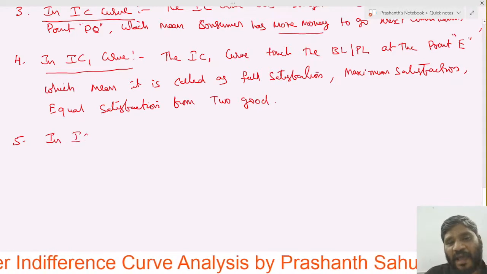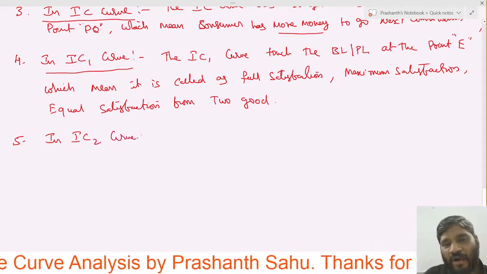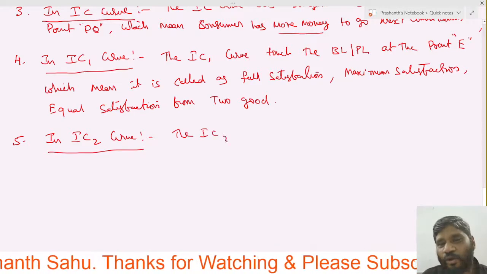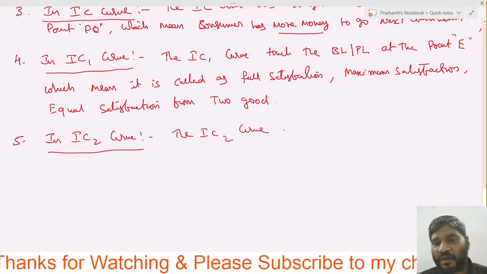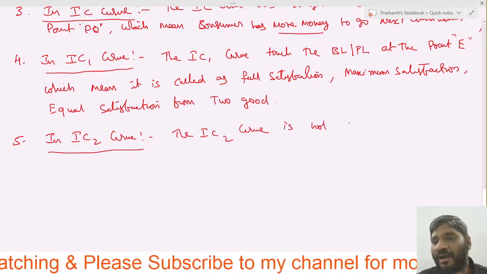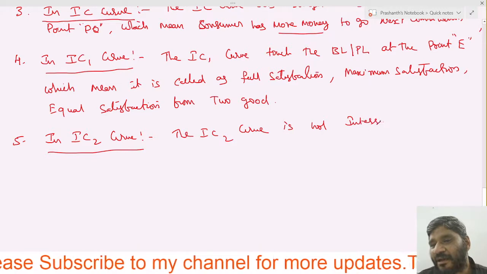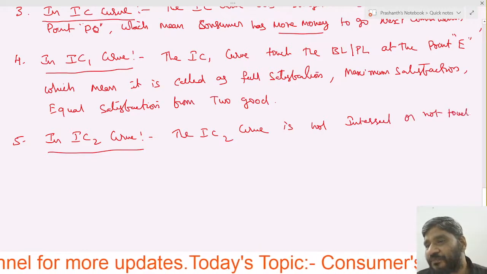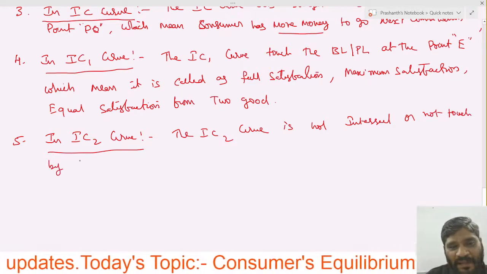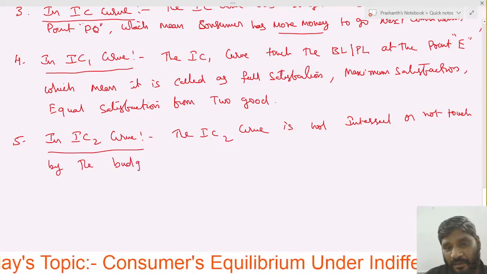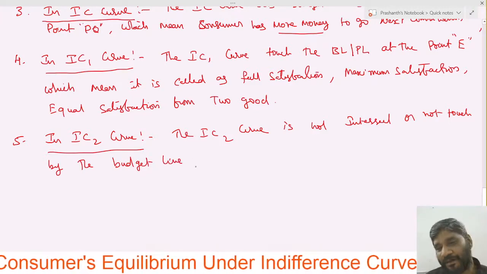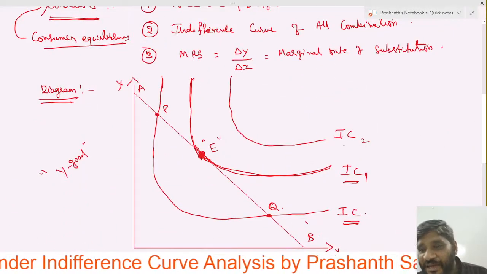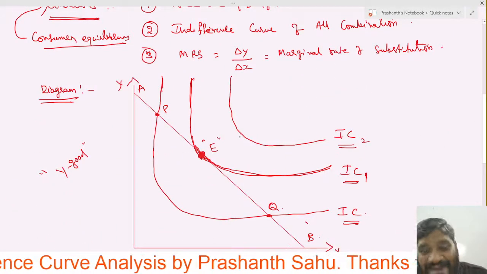In the IC2 curve, what happened? The IC2 curve is not intersected or not touched by the budget line. Okay, here you see the IC2 curve. Did the budget line intersect?